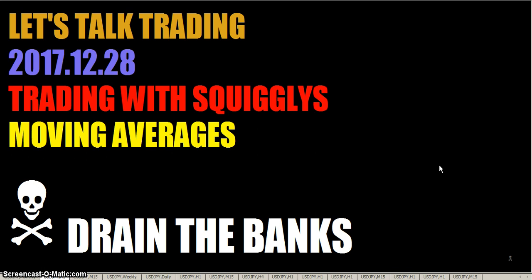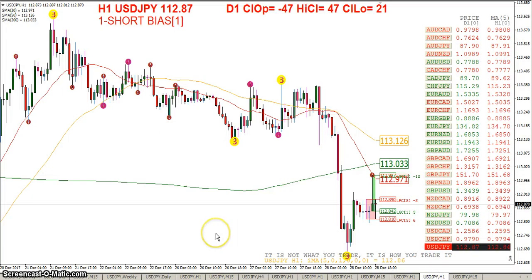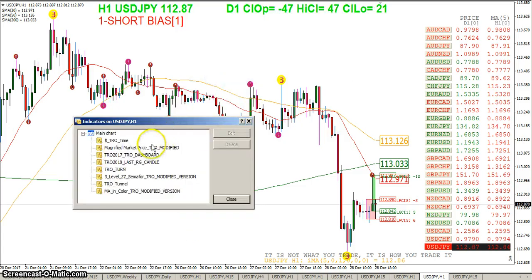Moving averages. Probably the most used squigglies are the moving averages. So let's go ahead and take a look here. I have set up my tunnel indicator, back from, I think it was the turtles.